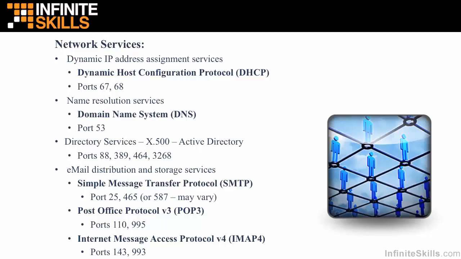For a client to download their email, they will typically use either POP3 or IMAP4. That's the Post Office Protocol version 3 or Internet Message Access Protocol IMAP4. Now these are client retrieval protocols for email, and this typically requires an email application, something like Microsoft's Outlook application.